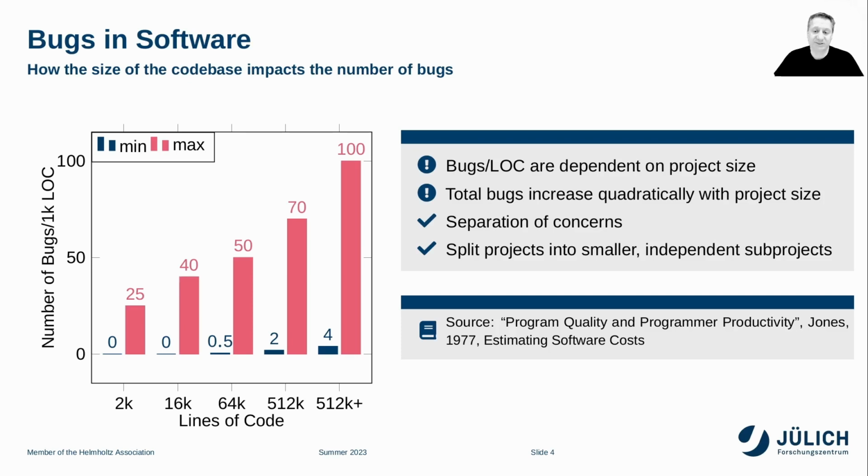And the bad news is that the total number of bugs increases quadratically with the project size. So the important thing to learn here is that you should structure your software in a way that you basically have a separation of concerns, that you split up projects into smaller independent projects that can be maintained separately in order to get the number of bugs as low as possible.